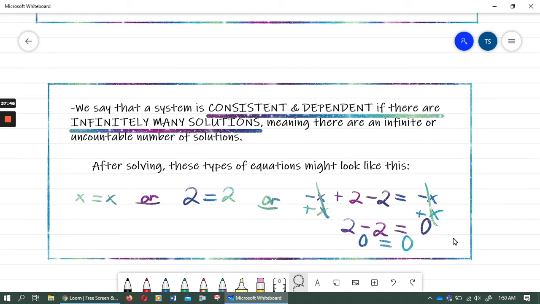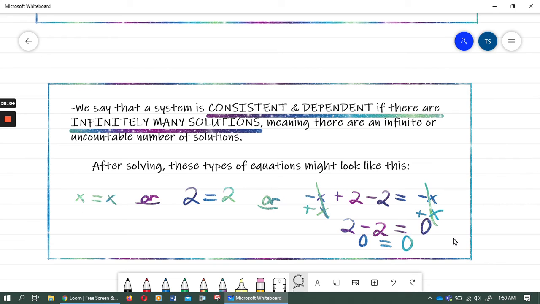You can't solve any further, and this equation is true. So if you get to a place when you're trying to solve the system and it looks like that, then in other words, there are infinitely many solutions.